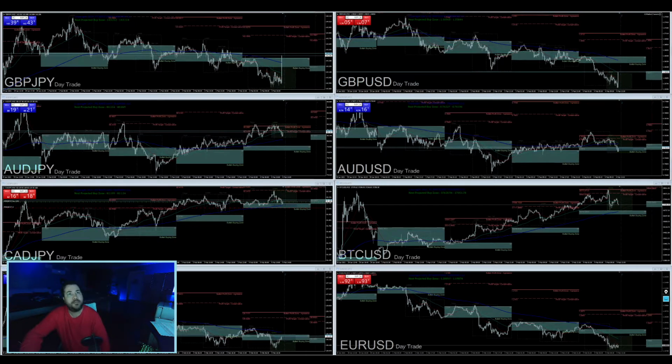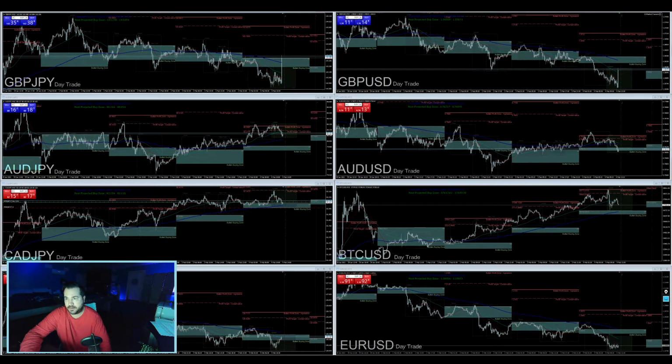All right, so we must have the Bank of England interest rates. So let's go ahead and take a look here. We can see the pound moving right now.